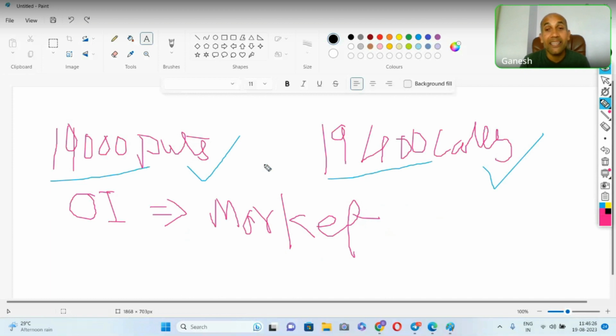It is not a guarantee that the market doesn't go beyond 19,400 or 19,000 on the downside. No, it never gives you that guarantee. It is just the expectation, and expectation keeps changing from time to time, which means it is very dynamic in nature. You need to understand that.